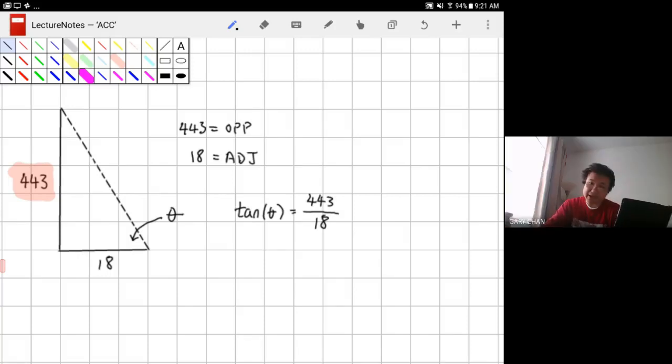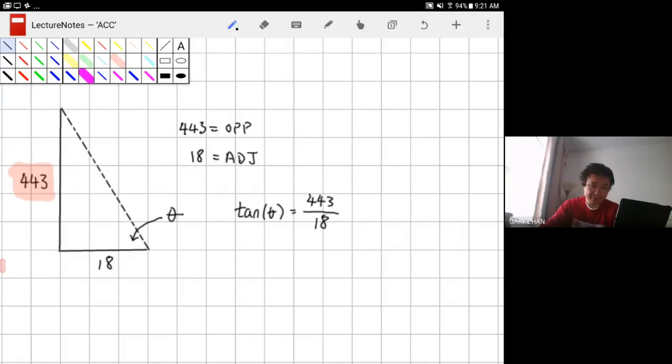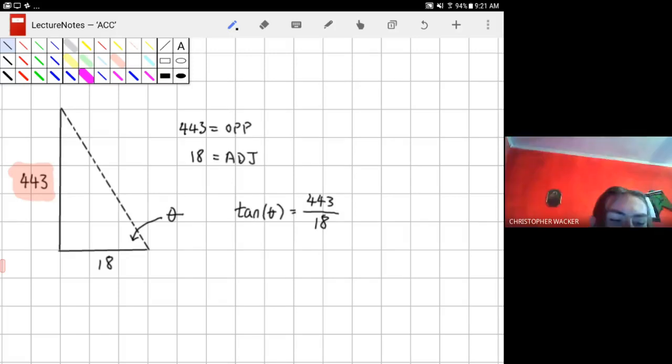And then last week, this was the new concept from last week. We needed to figure out what the actual angle was, right? So how can we figure out the angle? Knowing that we're dealing with a tangent here, we applied something.